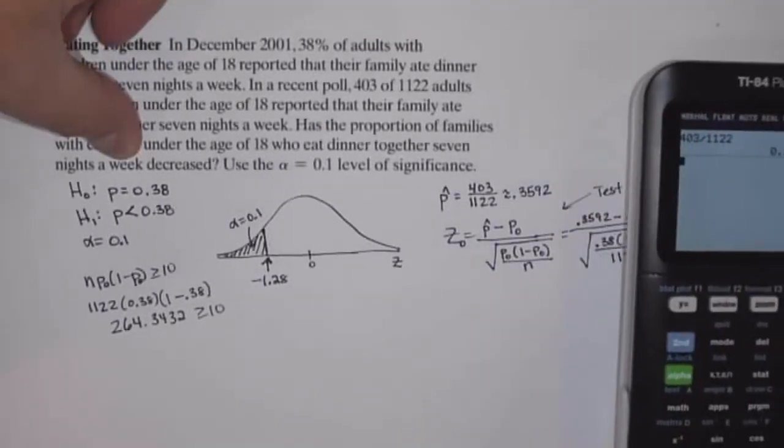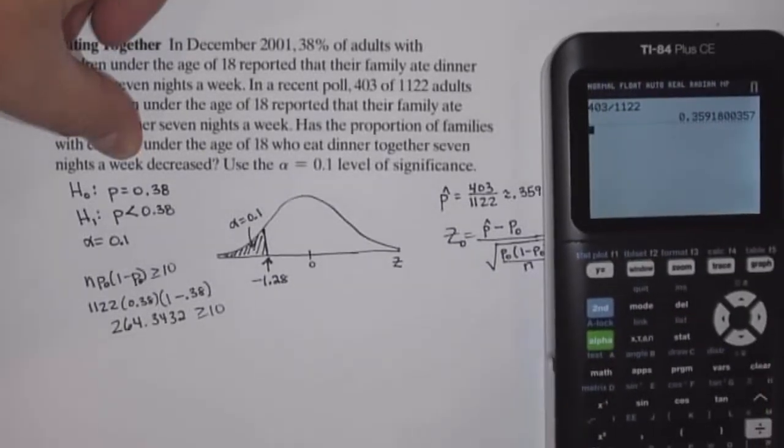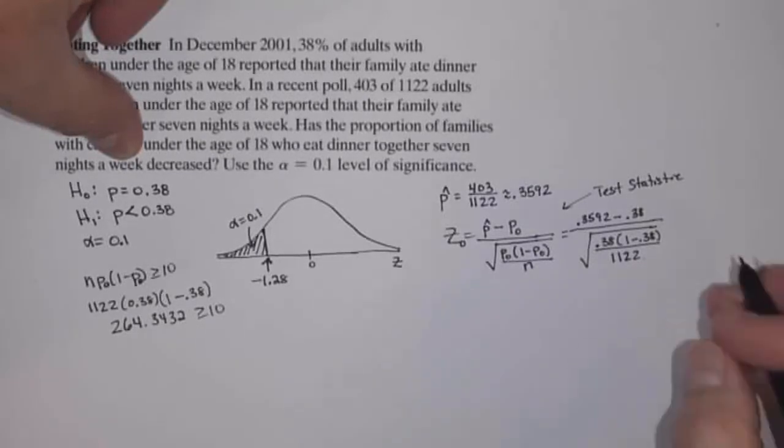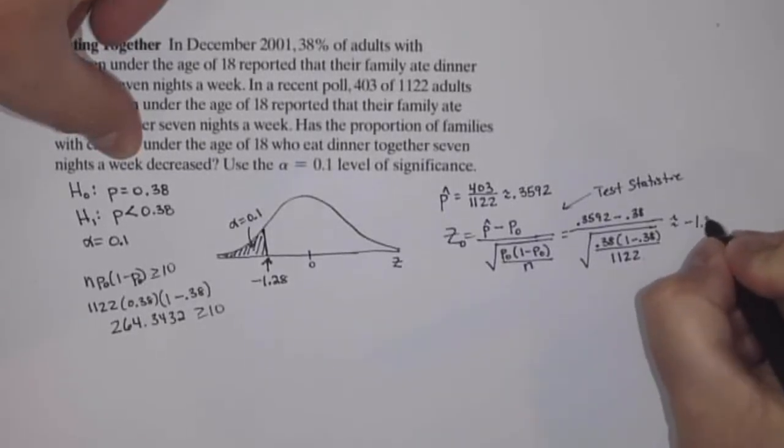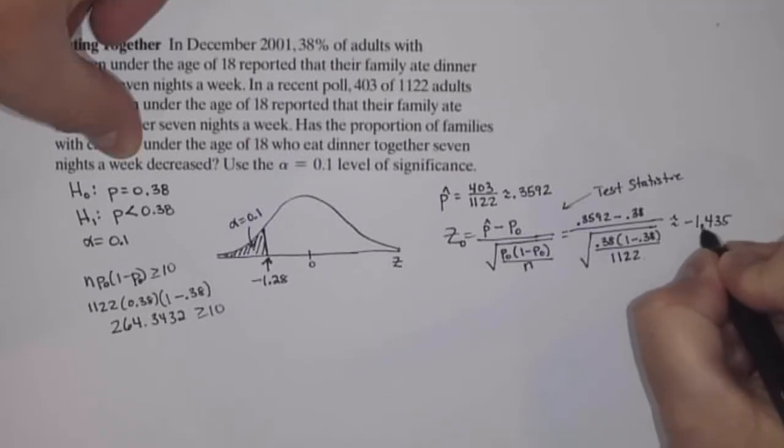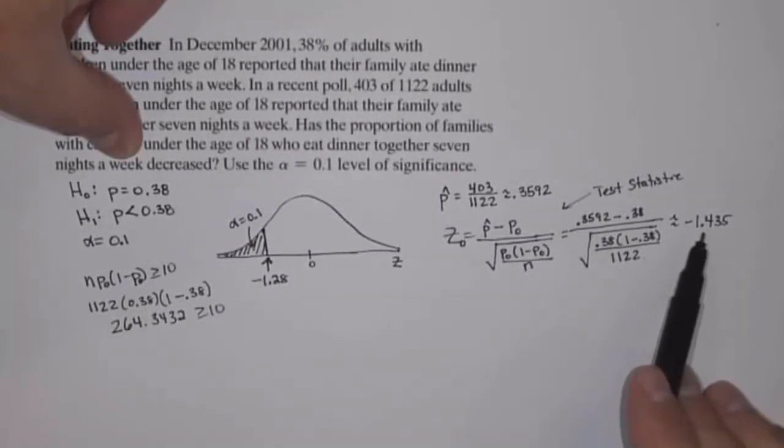So if I bring in my calculator and type that in, I'm going to do parenthesis on the top, 0.3592 minus 0.38, close the parenthesis, divided by the square root of 0.38 times 1 minus 0.38, close the parenthesis, divided by 1,122. And so that gives me negative 1.435. So my test statistic is negative 1.435.